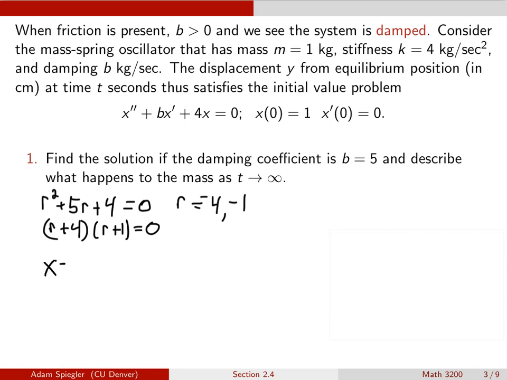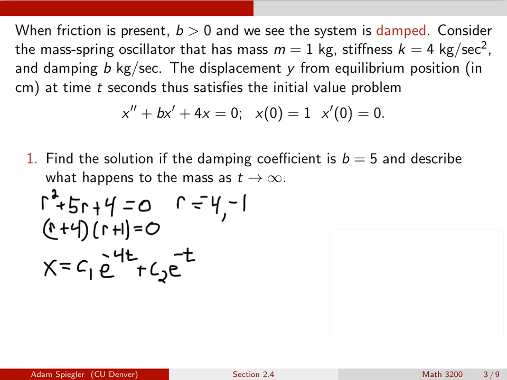So that means we would get a general solution that x is c1 e to the minus 4t plus c2 e to the minus t. Okay, and then using our initial conditions, we could solve for the general constants c1 and c2 in this case.